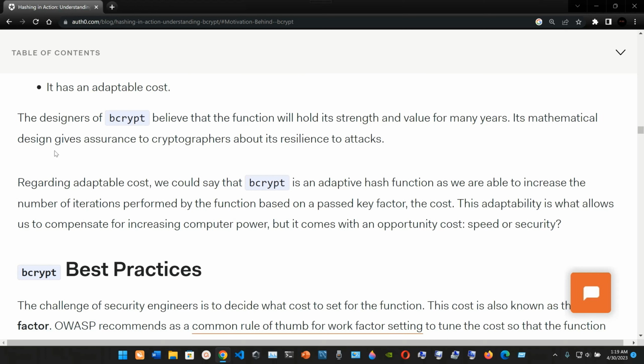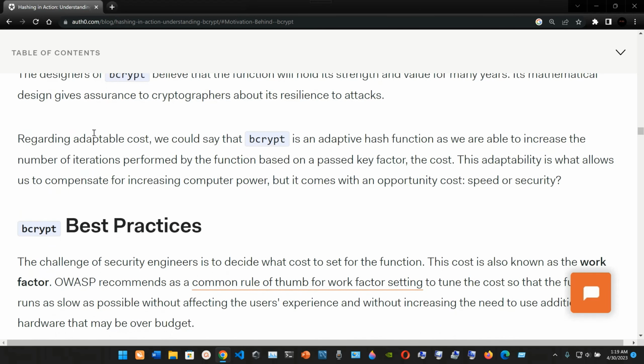Its mathematical design gives assurance to cryptographers about its resilience to attacks. Regarding adaptable cost, we could say that Bcrypt is an adaptive hash function, as we are able to increase the number of iterations performed by the function based on a parameter, the cost. This adaptability is what allows us to compensate for increasing computer power, but it comes with an opportunity cost: speed or security.